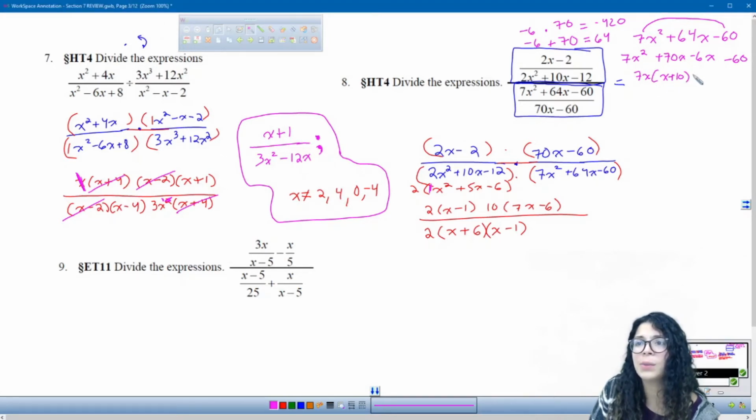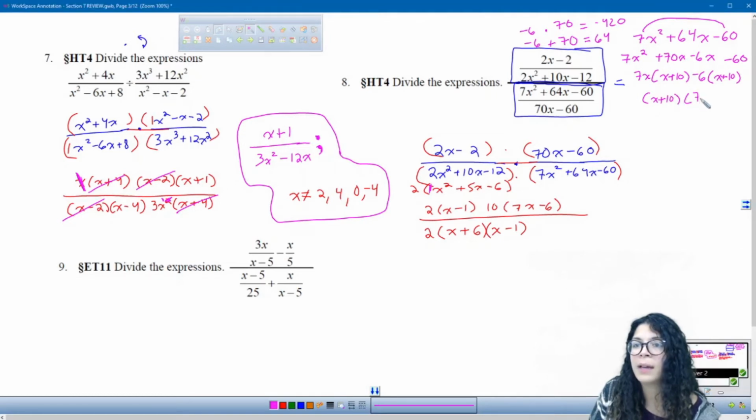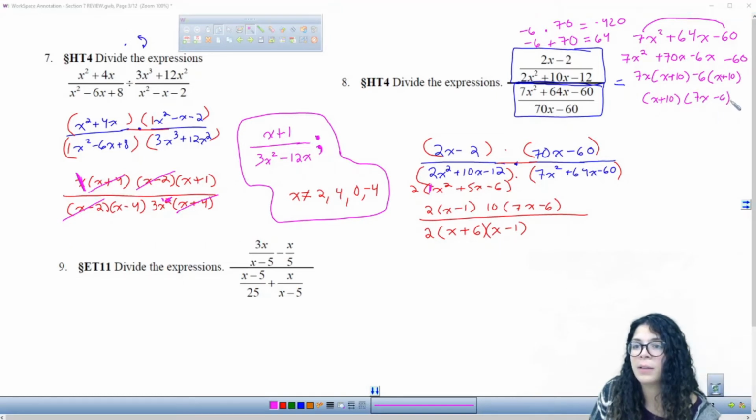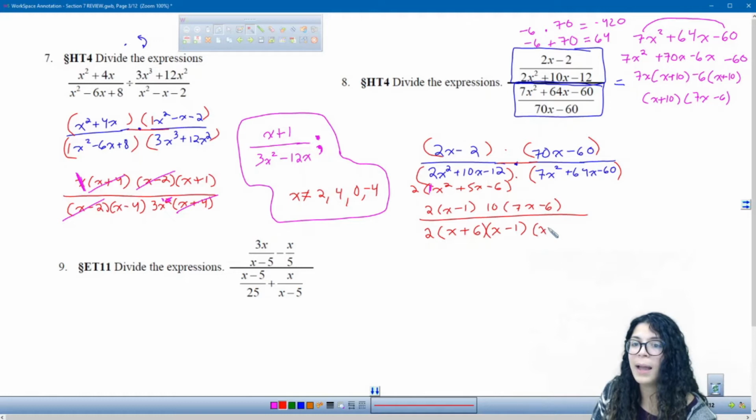Then grouping the last 2, we factor out negative 6, and that gives you x plus 10 as well. As long as you found the 2 numbers properly, these 2 binomials will always be the same. So you can factor out that binomial, which gives you 7x on the first term and negative 6 on the second term. So this trinomial factors into x plus 10 times 7x minus 6.